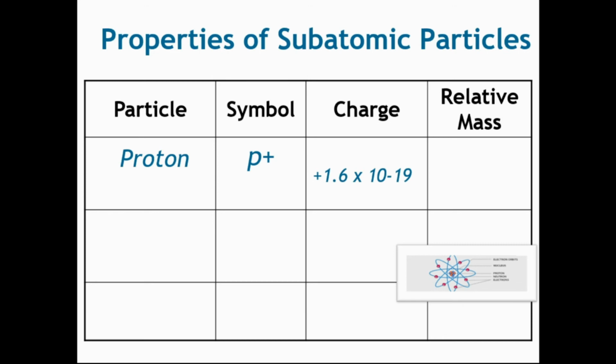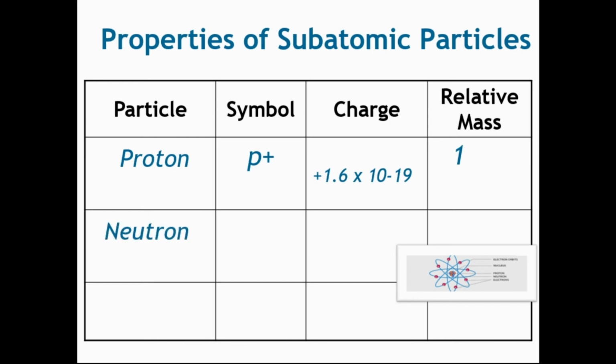But we have grown past that. And so the charge on the proton is actually 1.6 times 10 to the power 19 coulombs. The relative mass of the proton is 1.